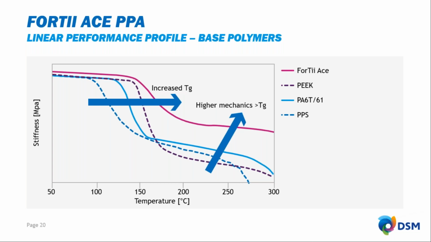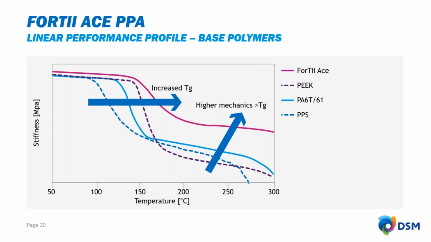So comparing that base polymer, that's a high TG PPA, 150 to 160 degrees Celsius. We are able to improve the mechanics by bumping up the aromatic content, and that has a significant play in how the performance of that mechanics is above the TG of the material.